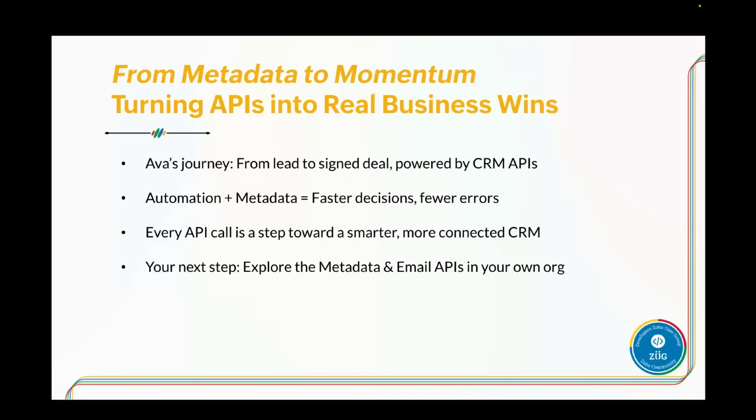Every email, every attachment, every update from Ava just landed right there where it belonged in CRM. Right, and no one had to dig through inboxes or forward long chains of messages. Exactly. It meant faster decisions, fewer mistakes, and honestly, a CRM that felt like it was working with us, not against us.